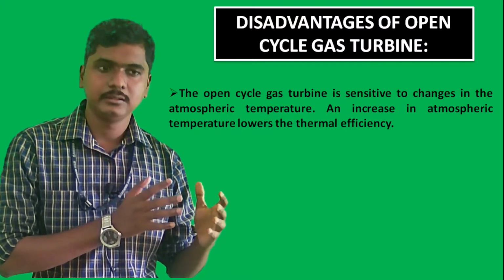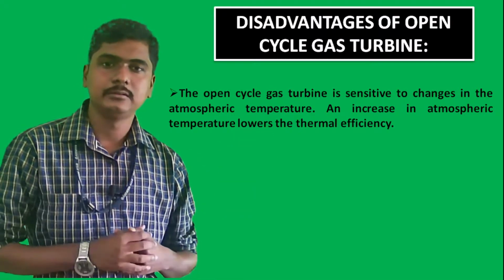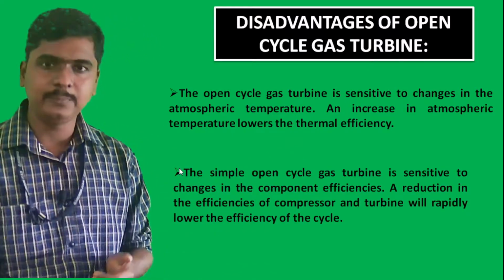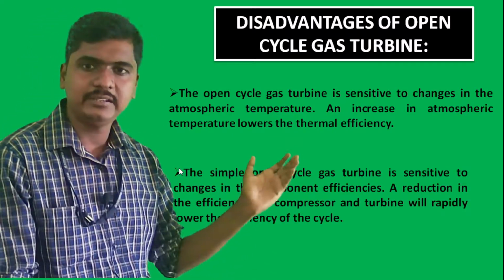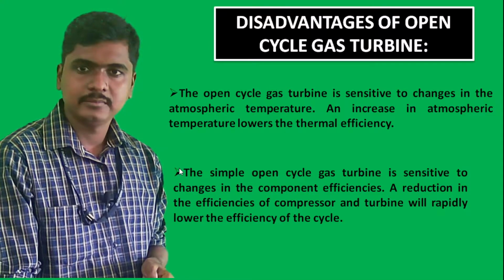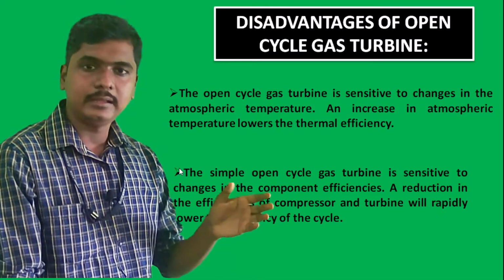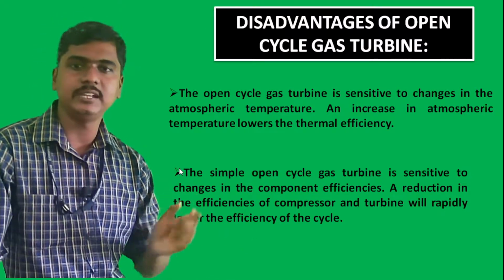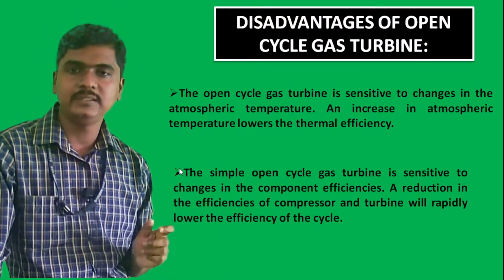Waste heat utilization is not there. So that's why we get a very low thermal efficiency in this process. Clear? Also, one more thing is this type of gas turbine is very sensitive to the component efficiency.